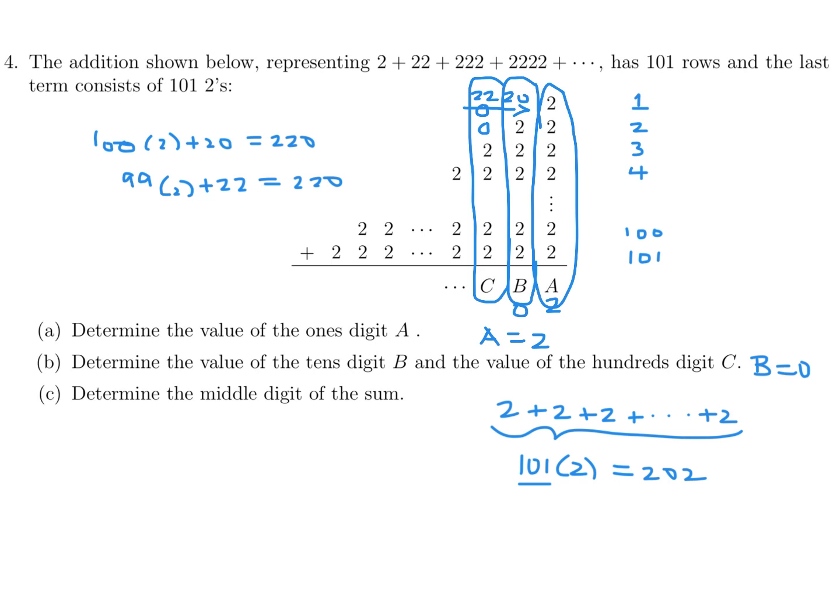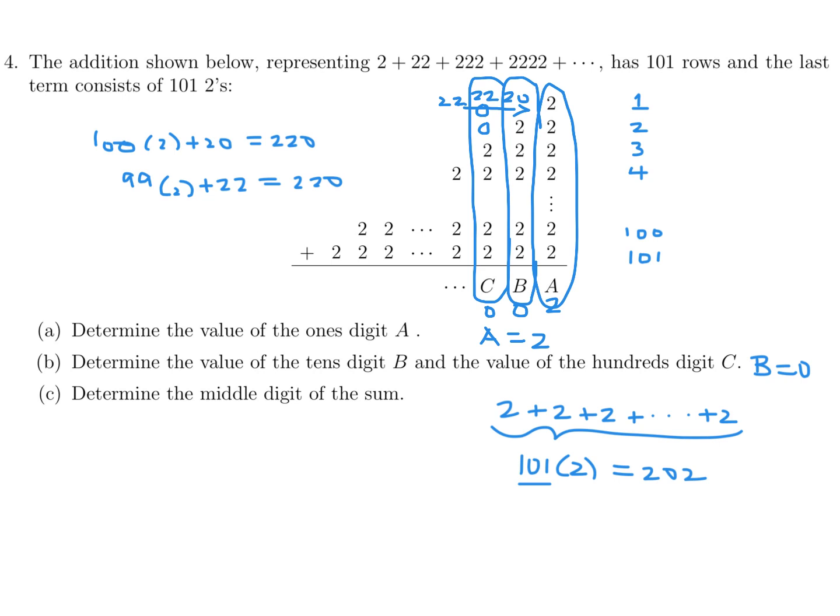So again, this becomes a 0. Let me write it on the diagram here. So it would be the 0, and then we carry the 22 right here. Just like that. And they just keep going like this, basically.